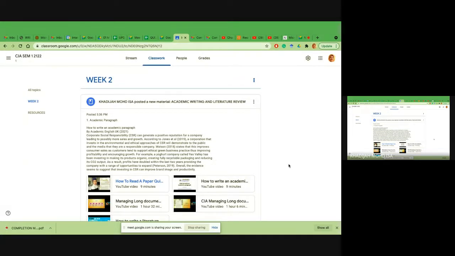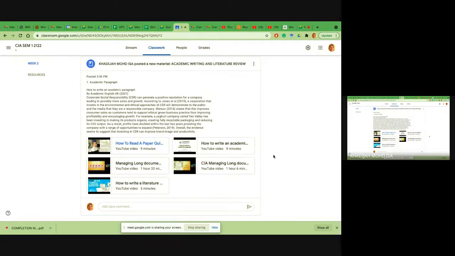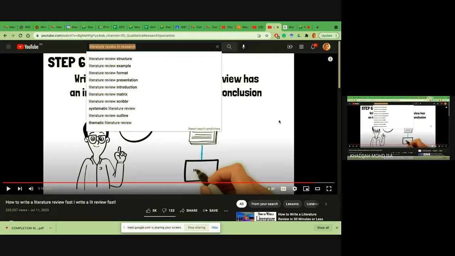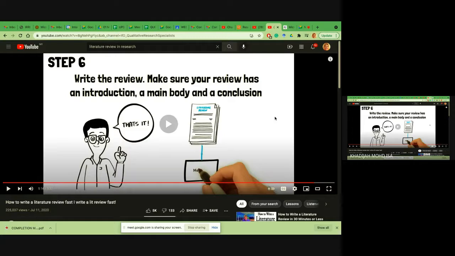I have about 20 more minutes. How to write academic writing. I have one on how to write a literature review. I have one on how to write a paragraph. Hold on, let me check. This one is the one that I showed, the bibliography, you just organised it in the way that you have chosen.